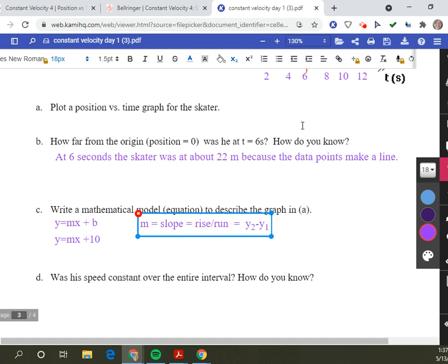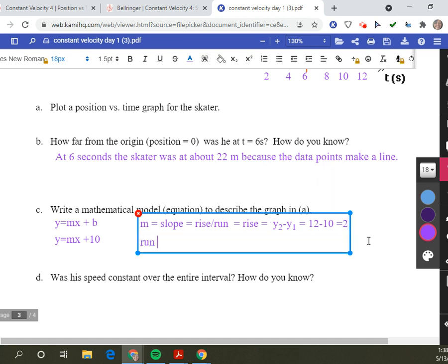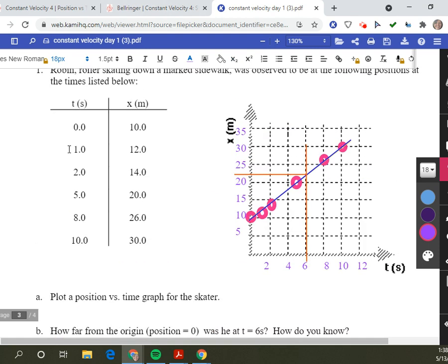Let's see. What would that be? Well, that's going to equal 12 minus 10. So we know that's 2. That is our rise. So we should probably document that. So rise is 2. What is run? Let's find out. Run would be x sub 2 minus x sub 1, so the second one minus the first one. What is that going to equal? 1 minus 0, right?